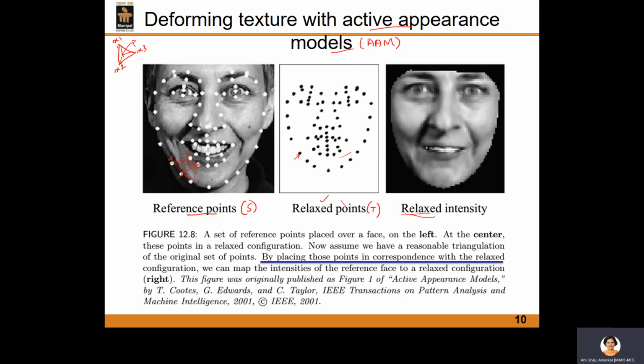So we consider this as the framework for a person who is not smiling, and then we are trying to deform this image with respect to these relaxed points, right? So we apply the barycentric interpolation approach between the reference points as well as the relaxed points, and therefore we can find out the intensity value of each of these relaxed points by making use of the barycentric interpolation approach.